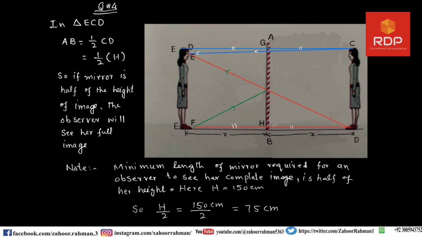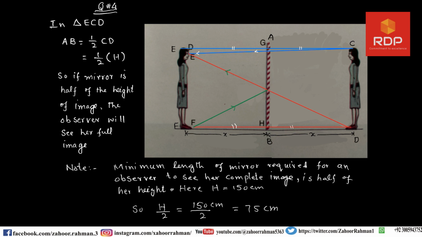Then this green line shows that it goes to this area and is then directed to the eyes of the person, and then you have to extend this line like this, and in this way the person will see the feet of the object in the mirror like this.